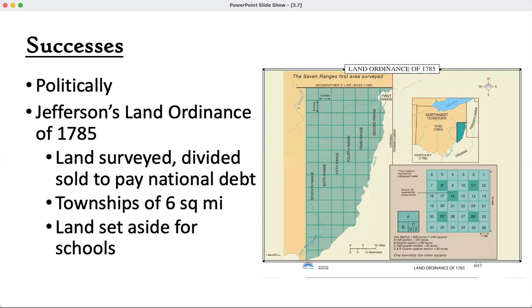Remember, we have a lot of national debt. We borrowed money from Europe. So every township was 6 square miles, and then each township would be divided into 36 sections, each 1 square mile. So each section would have 640 acres.